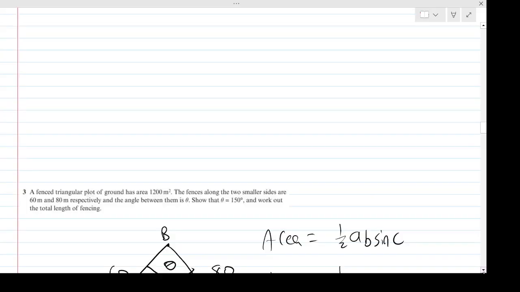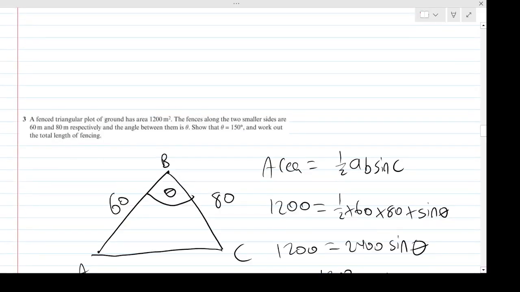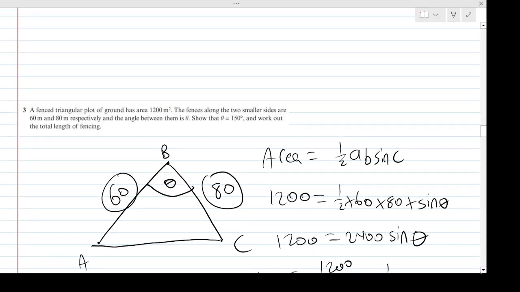It's very similar to the earlier question, because we're told the fences along the two smaller sides. That's telling me that this 60 and this 80, the sides AB and BC, are smaller than AC here. So in other words, AC has to be the largest side in this triangle, which means that angle theta, opposite to it, has also got to be the larger angle, because they're opposite.